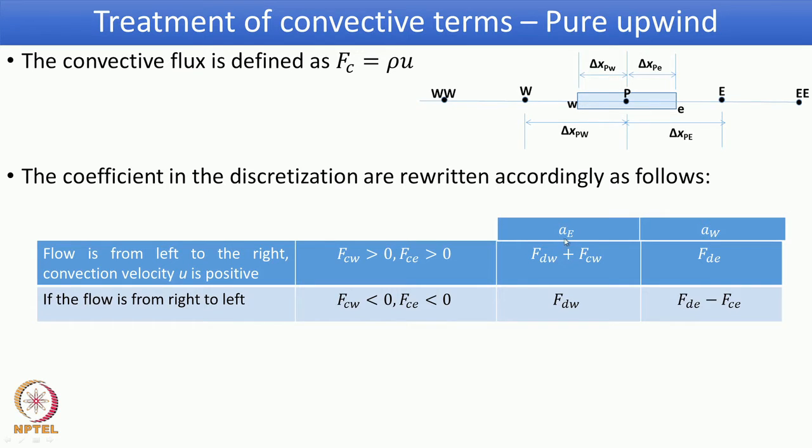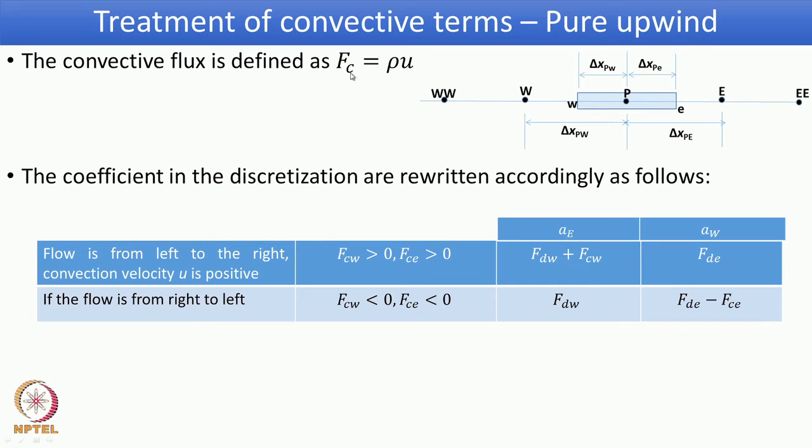and that is explained in this slide. So, for example, it affects the coefficient in the neighboring nodes. A e and A w are the two neighboring nodes for the node of interest P. If the flow is from left to right, that is, the convection velocity is positive for the definition of coordinate that you have chosen, then u is positive.